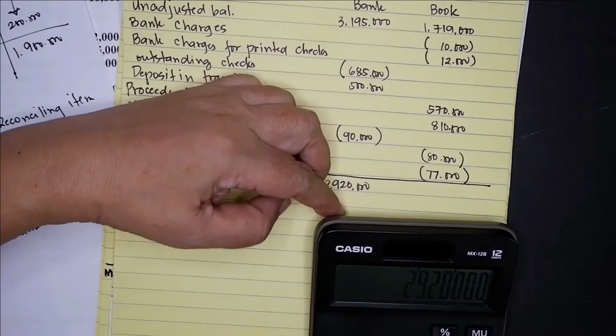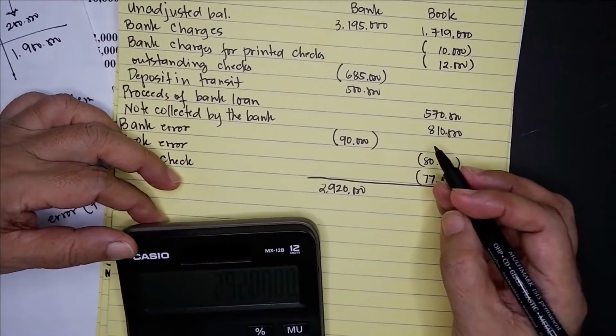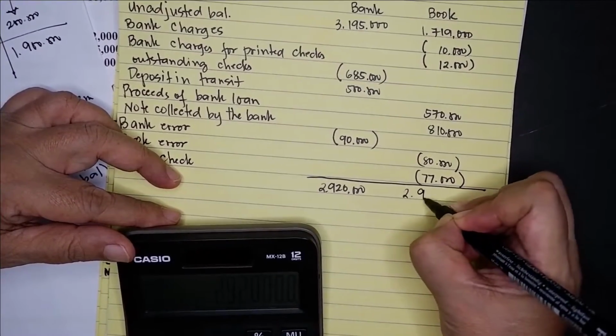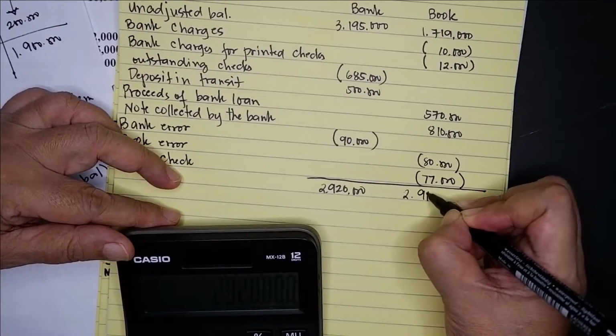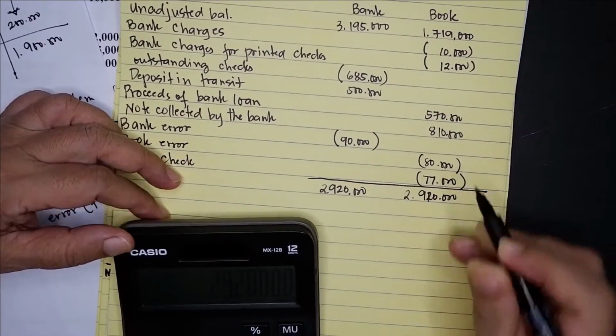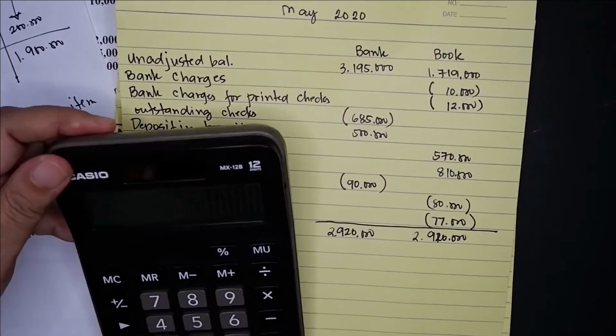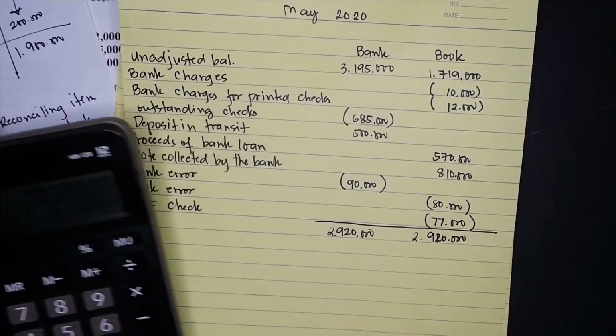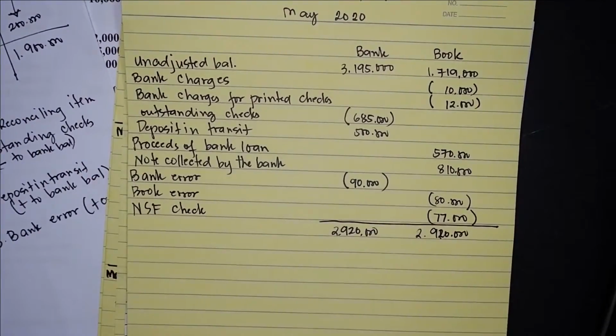That is 2,920,000. Okay, that is 2,920,000. So it is balanced.